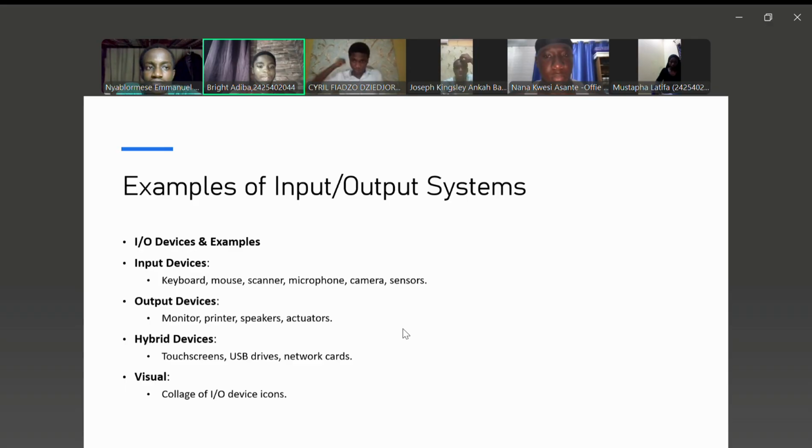Output devices: monitor, printer, speakers, and actuators. Hybrid devices: touch screens, USB drives, and network card. And the last is a visual, which is a collage of input and output device icons.